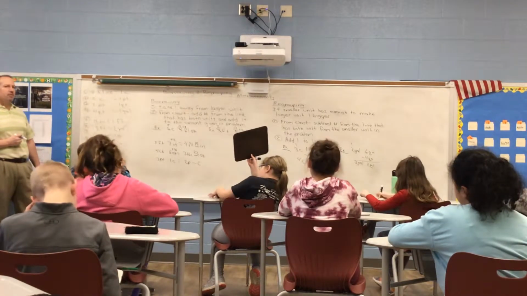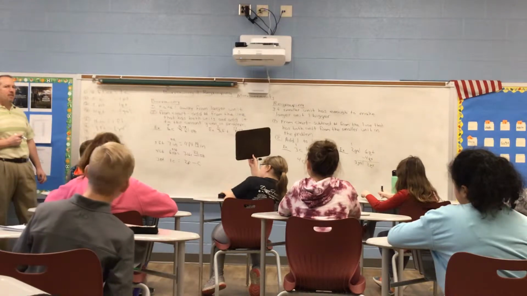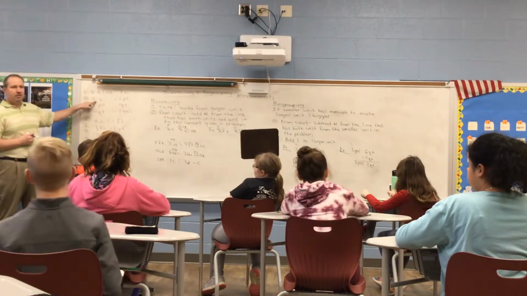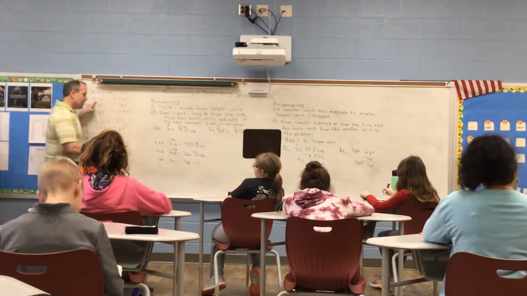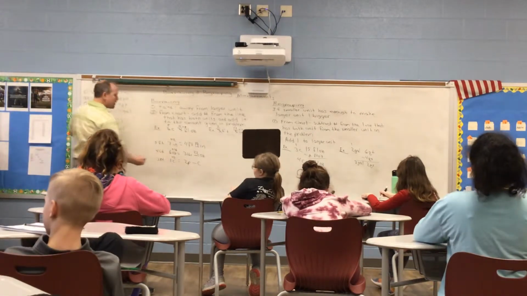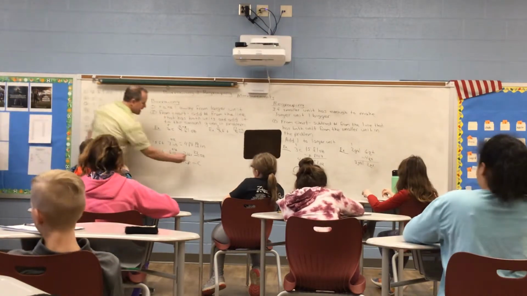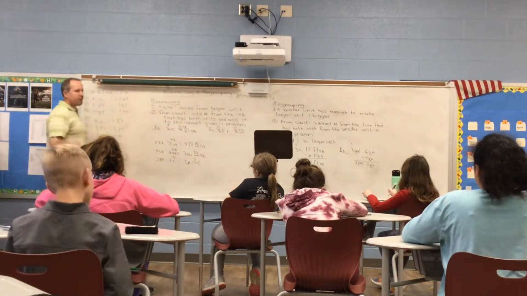That 1 pint became how many cups? 1 pint becomes 2 cups. So we're going to add those 2 cups that we got from the 1 pint that we borrowed to the one that we already had, giving us a total of 3 cups.